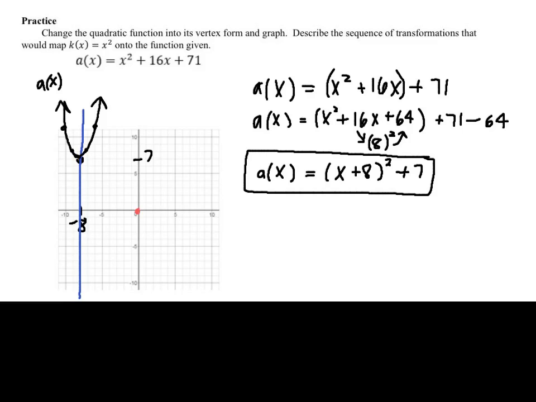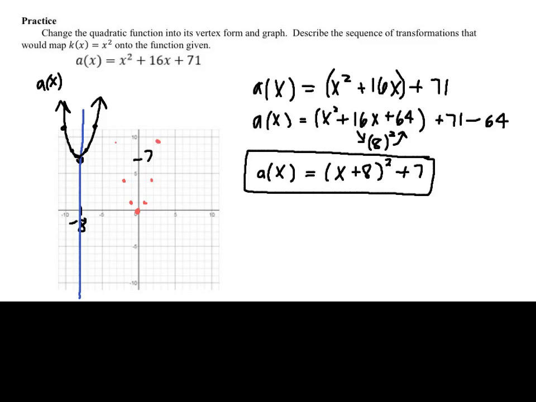Again, it has a common second difference, so that means that 1 unit away from my vertex would be negative 1, 1, and 1, 1. My next one is 3 units away, common second difference of 2. And then the next one is 5 units away on both sides.